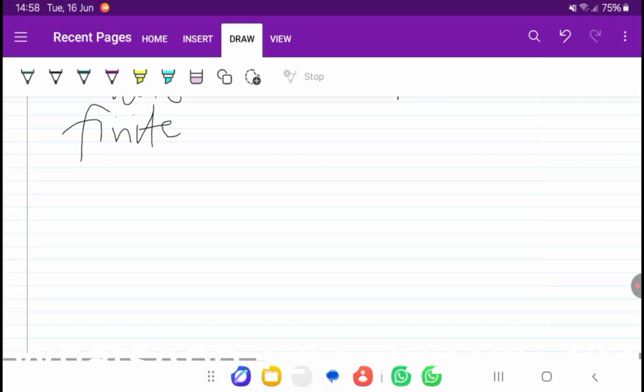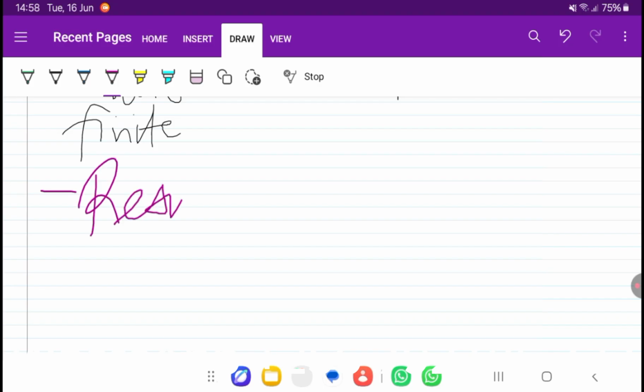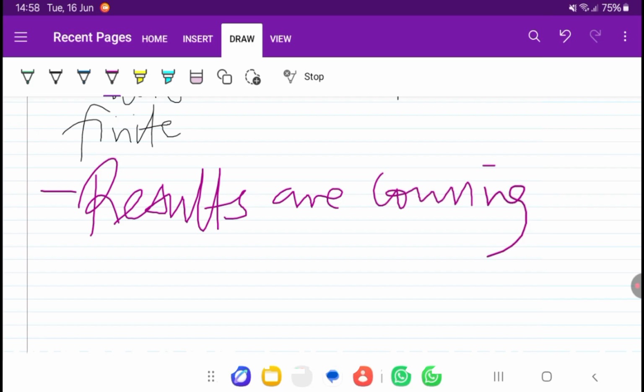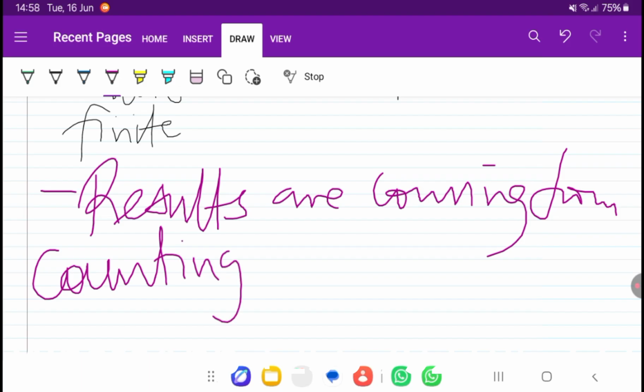The other property we have as far as discrete values are concerned is that they result from counting and not measuring.